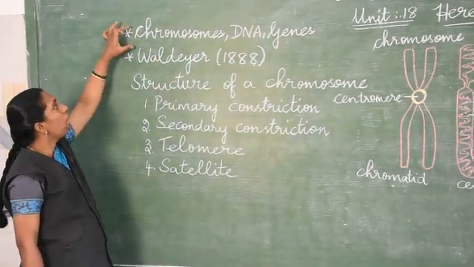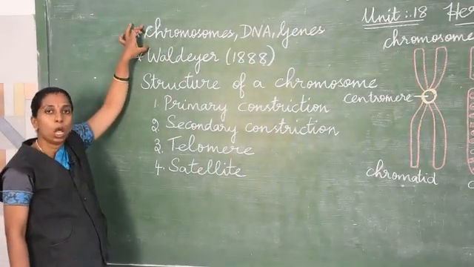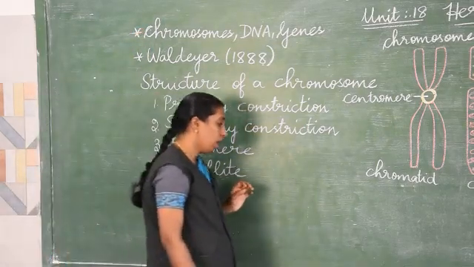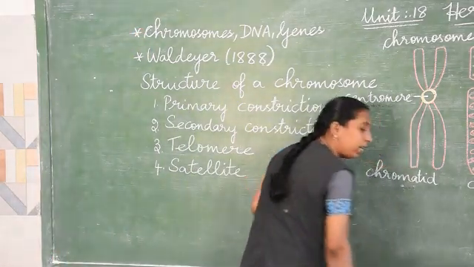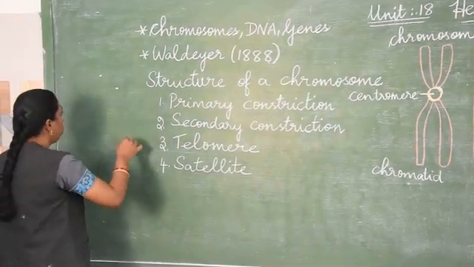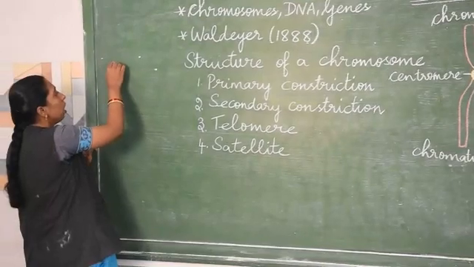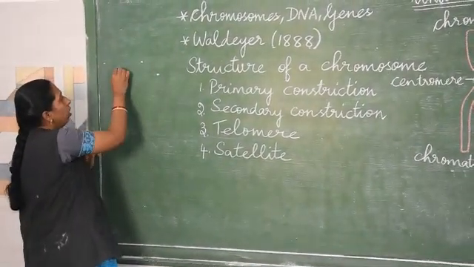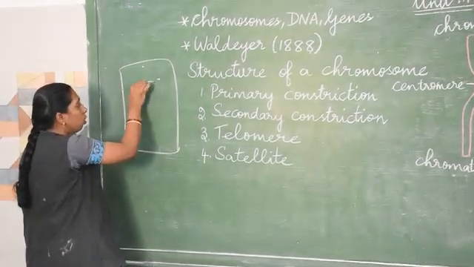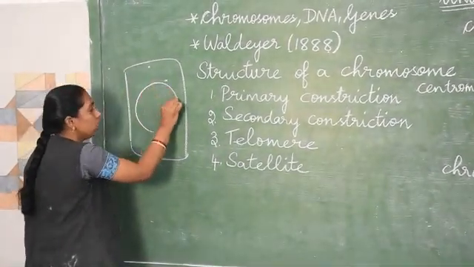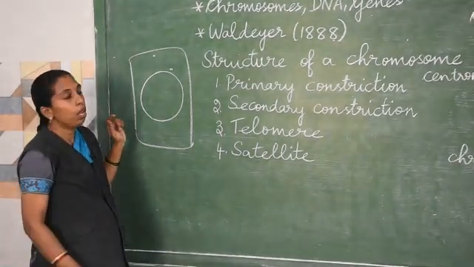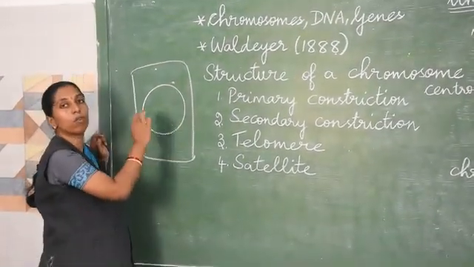Now, what are chromosomes? Where are they located? In a cell, the controlling center of the cell is called the nucleus, whether it is a plant cell or animal cell. And do you know the structure of the nucleus?